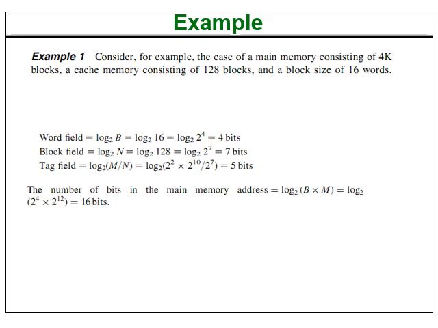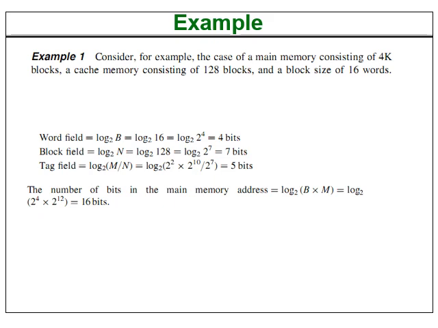So 2 to the power 12 multiplied by 16, that is 2 to the power 12 multiplied by 2 to the power 4, that is 2 to the power 16 words in the main memory. For 2 to the power 16 words, I will need a 16-bit address. So this is the size of the total memory address.